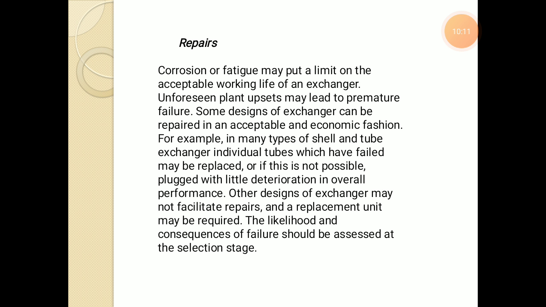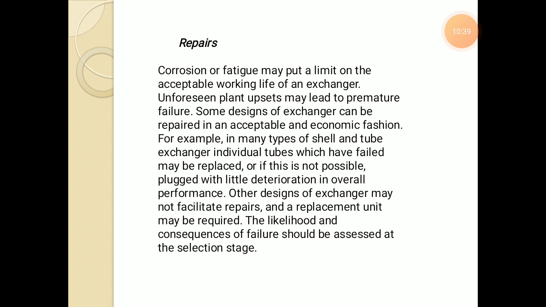One example I would like to mention here: in many types of shell and tube heat exchanger, individual tubes which have failed may be replaced, or if this is not possible, plugged with little deterioration in overall performance. Other designs of heat exchanger may not facilitate repair and a replacement unit may be required.